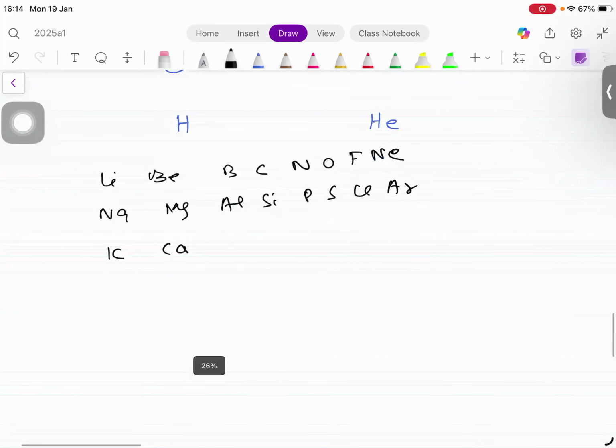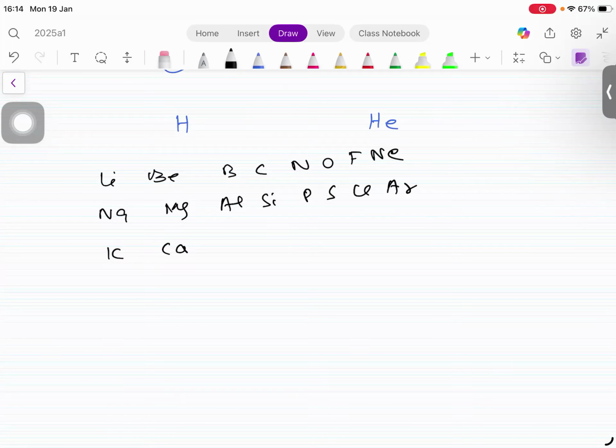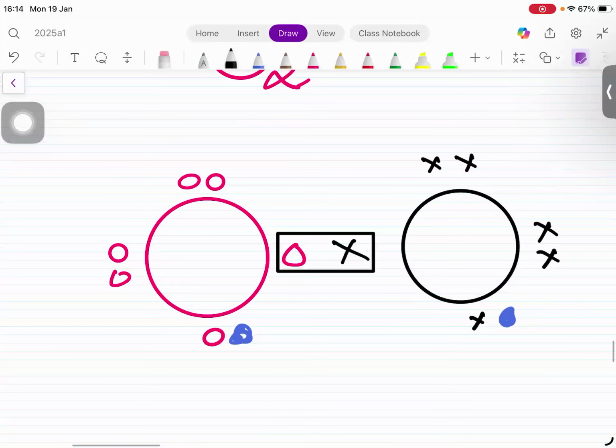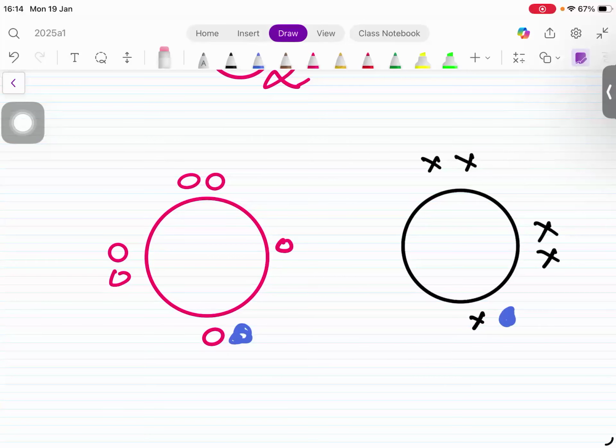Yes, go ahead. How can we know that there is a double bond and a triple bond? We don't have to worry about it, because what we have to do is just complete the 8 electrons in the outermost shell and see how many electrons they have to share to get that done. For example, in this case we were just looking at oxygen's electrons. They were 6.